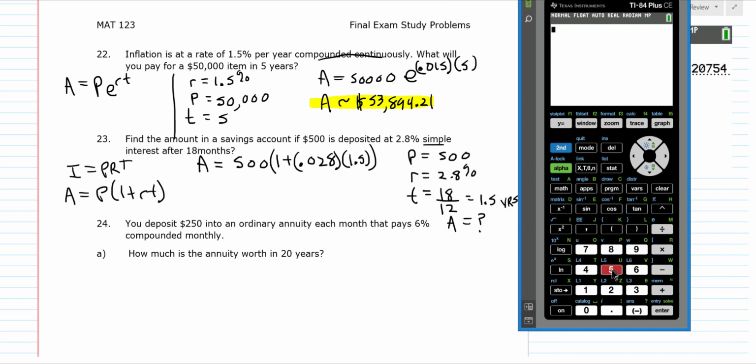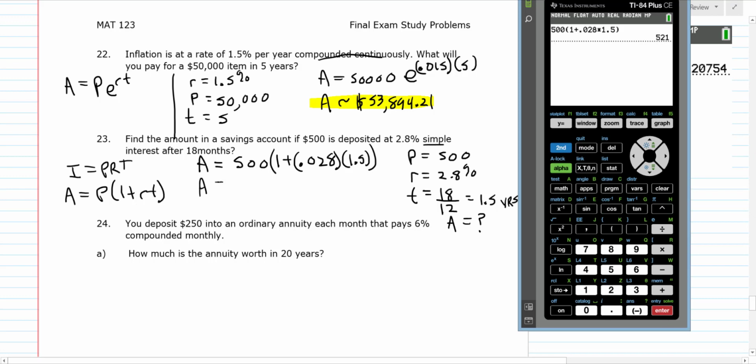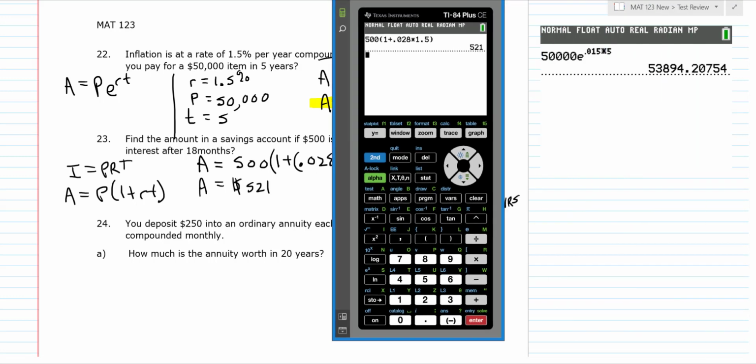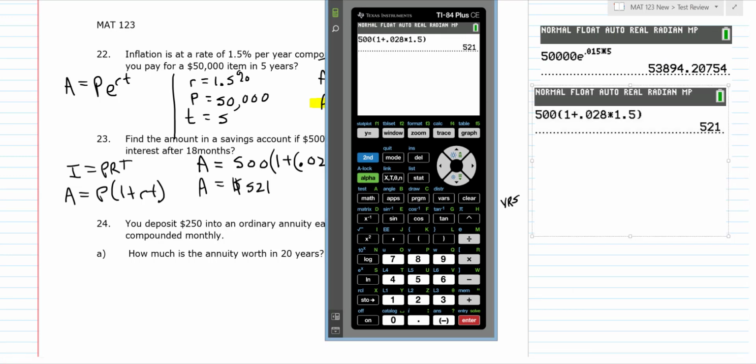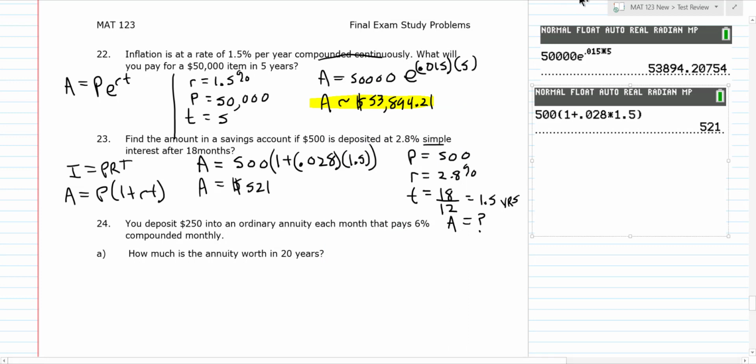So I'll go 500, parentheses, 1 plus 0.028 for the interest, times 1.5, close parentheses, and then that will give about $521. Okay, so if it has to do with simple interest, you want to use that formula.